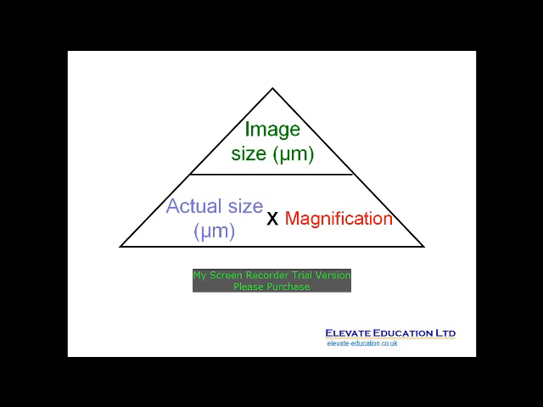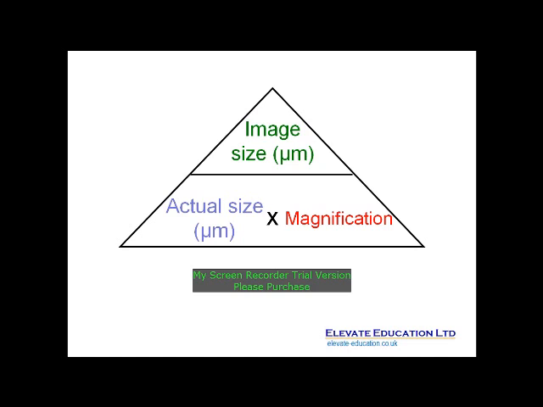If we're going to understand how to calculate magnification, we first need to understand how these 3 terms relate to each other. I've shown them on the screen in this triangle, which is a formula triangle, a common way of showing formulas. The horizontal bar represents dividing, and the X between actual size and magnification represents multiplication.